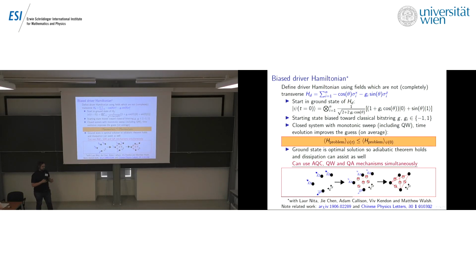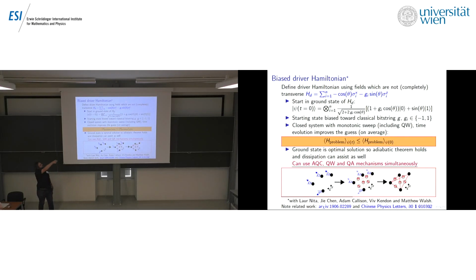But the idea here is, if you want to bias toward a solution, and this is detailed in these two papers, in a quantum adiabatic or quantum walk type search, what you can do is make your initial driver Hamiltonian not completely transverse, meaning you bias each of these fields by an angle. So instead of just sigma x, there's some sigma x plus some sigma z.